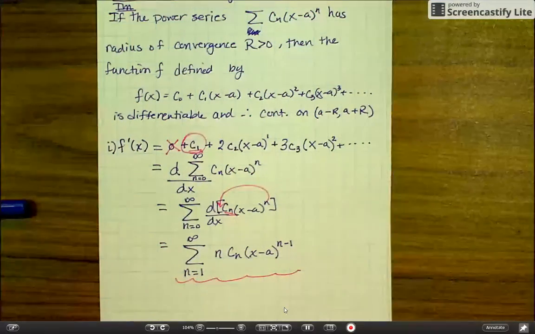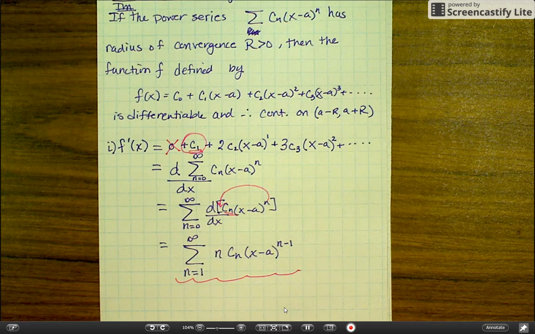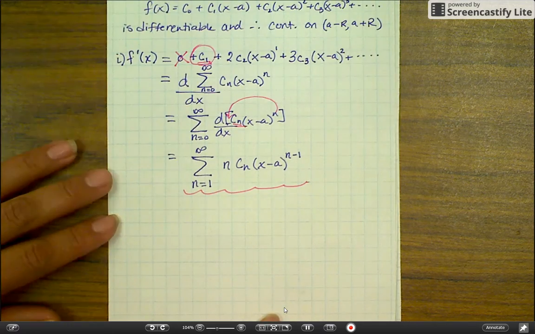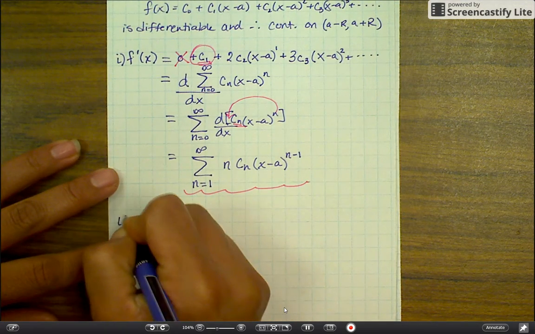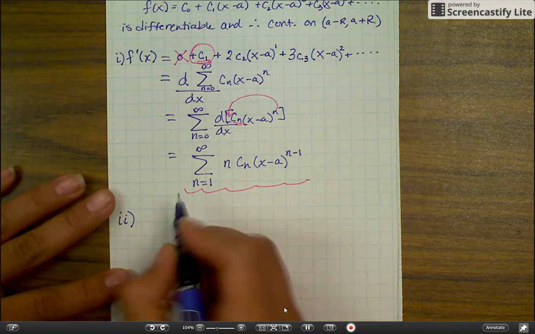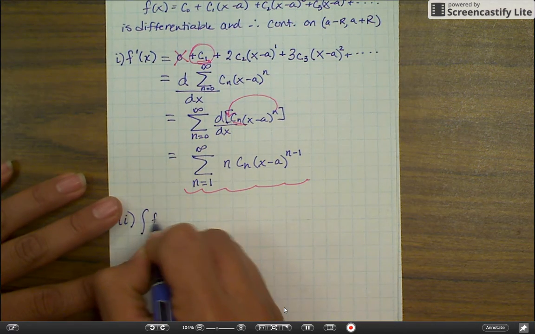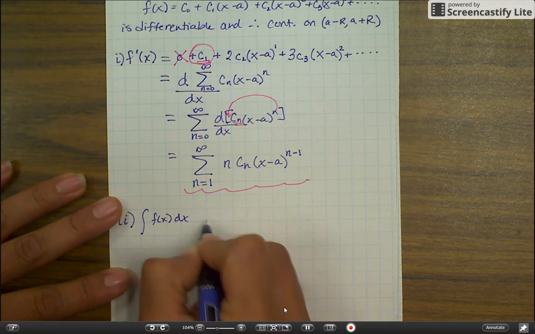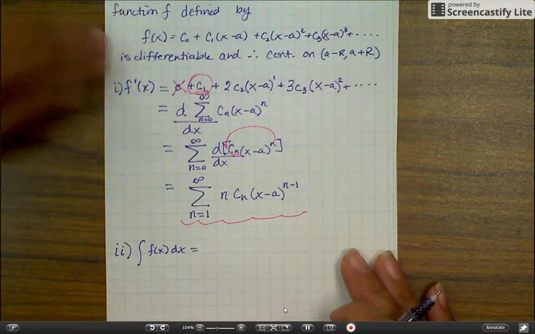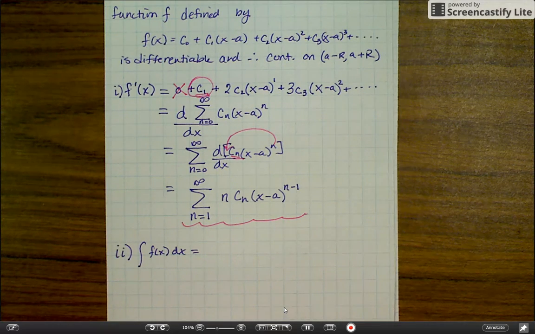Okay? So now let's do the integral of it. So now if I do the integral of f of x dx, what is that equal to? Well, I want to find the antiderivative for every single one of those, right?